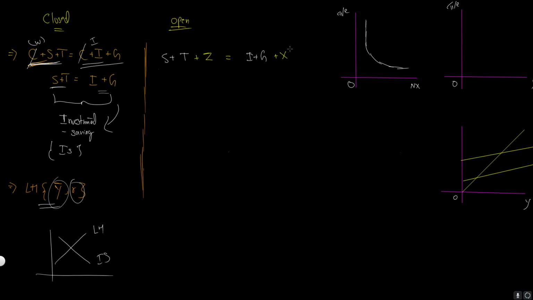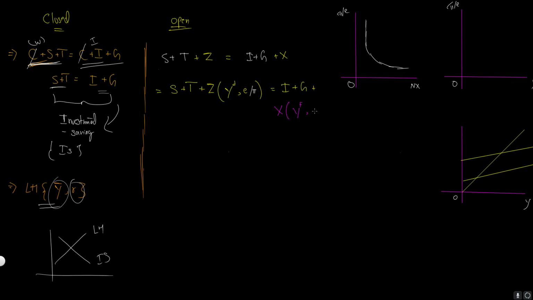We are factoring in exports and imports. Let's simplify: savings plus taxation plus imports, where imports are a function of domestic income relative to the exchange rate. In some textbooks they use a symbol pi for the exchange rate; I'm going to use E for simplicity. This is equal to investment plus government spending plus net exports.